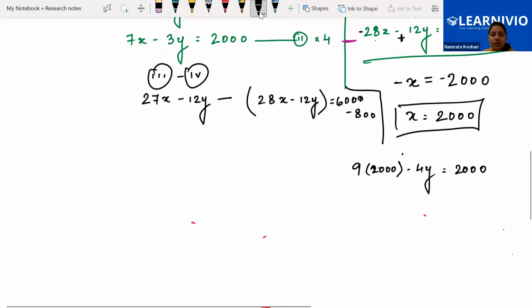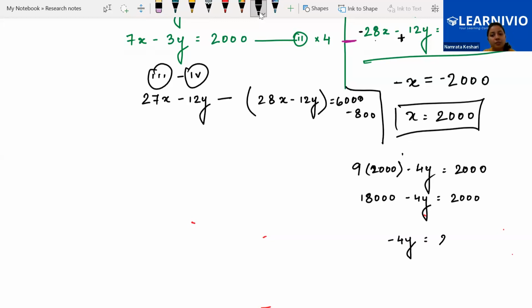This is what we are having in hand. It became 9 times 2000, 18,000 minus 4y is equals to 2000. If we shift this 18,000 to the other side, negative 4y will remain over here and it will become 2000 minus 18,000, which will become negative 16,000.